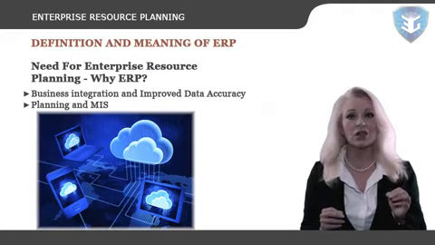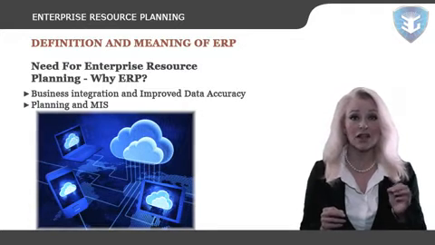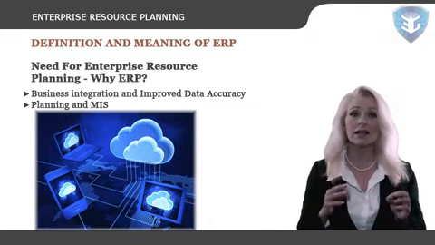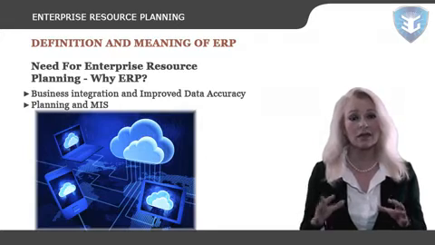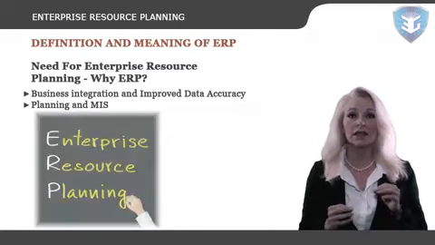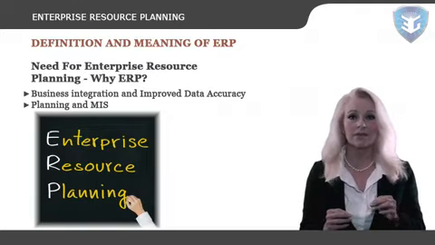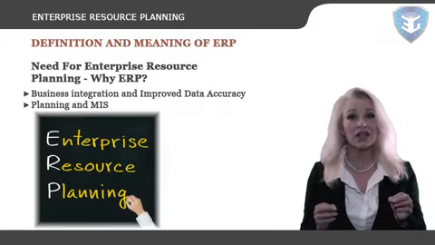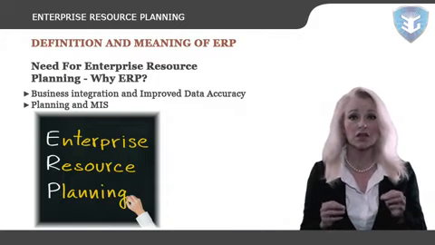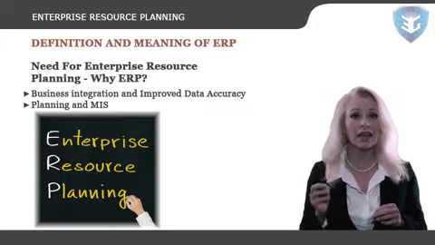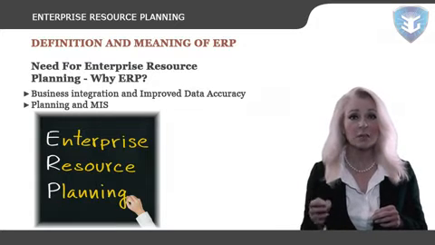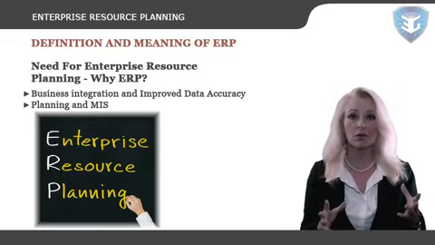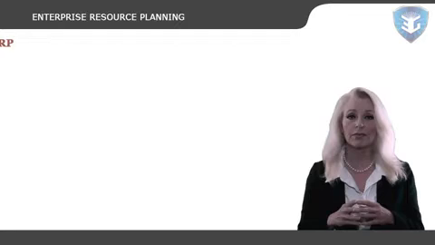If data is entered in one module, such as receiving, it automatically updates other related modules, such as accounts payable and inventory. Planning and MIS: the various decision support tools like planning engines and simulation functions form an integral part of the ERP system, which helps in proper utilization of resources like materials, human resources, and tools.